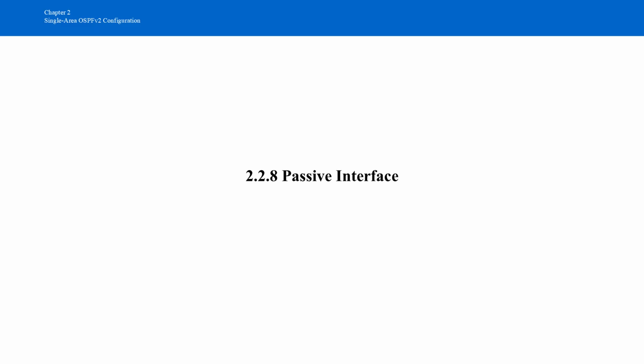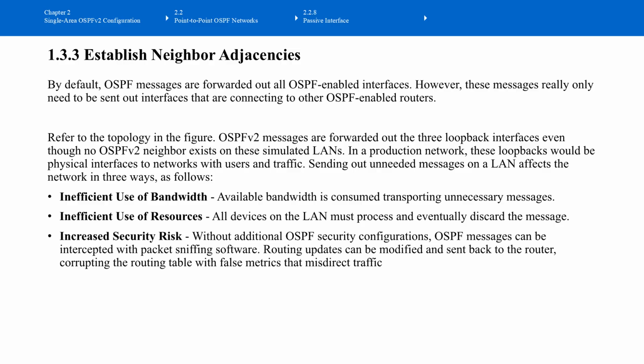2.2.8 Passive Interface. OSPF sends messages out all OSPF-enabled interfaces by default, even when no OSPF neighbor exists. This can cause wasted bandwidth, which means unnecessary OSPF messages. Wasted resources, that means the device must process the messages.